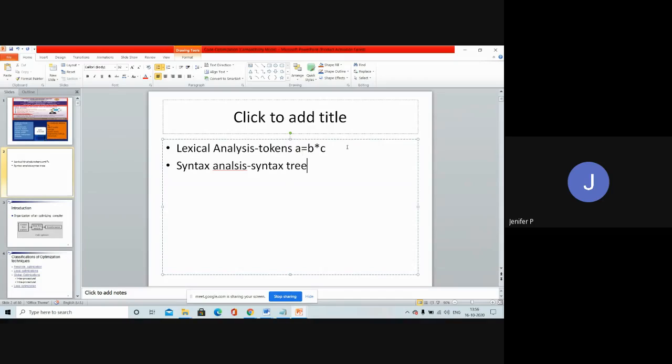For example, A is equal to B into C: the lexical analyzer will produce identifier, let it be ID1, equal to B, which is also an identifier, let it be ID2, into C. C is the identifier, so ID3. For these identified tokens, the syntax analysis will produce the syntax tree. I think you already know about the syntax tree. Okay, let us draw it.